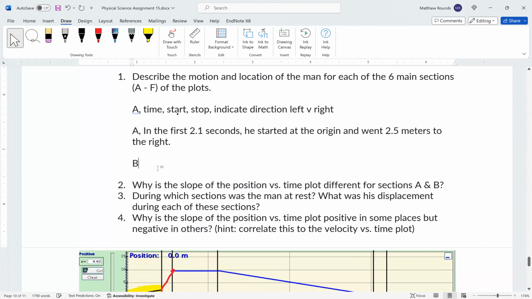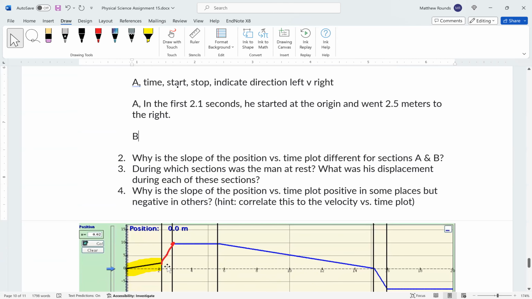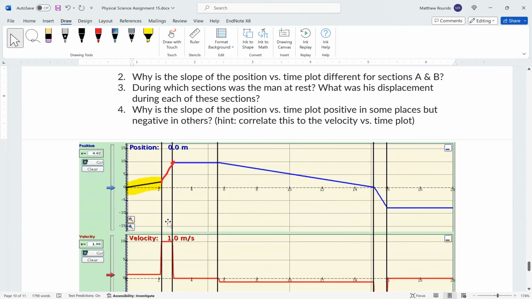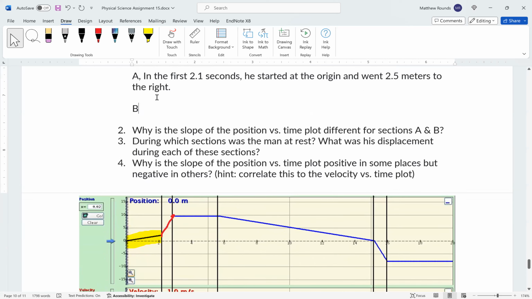Now for B, we have to do the same thing. We have to indicate that for 1 second, and the reason I know it's 1 second is, well, actually, I don't know. It's a little less than a second, but we want to talk about time as well. So maybe say half a second. So this is red.